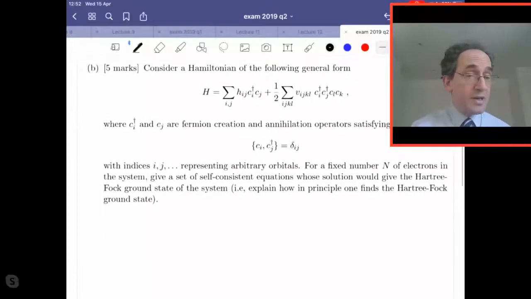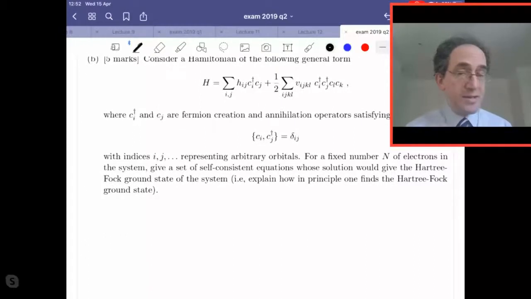There are some homework problems on this, and we derived this in lecture, so I'll just write out the answer.